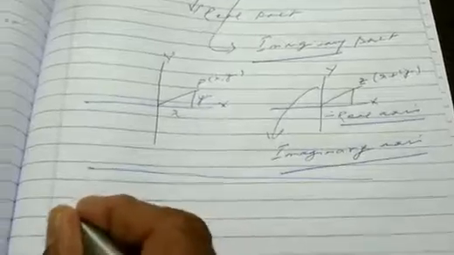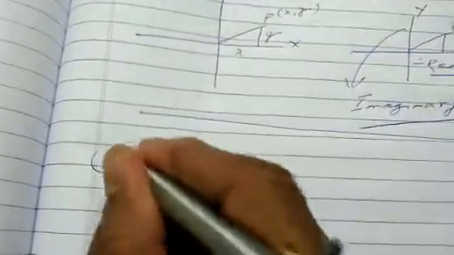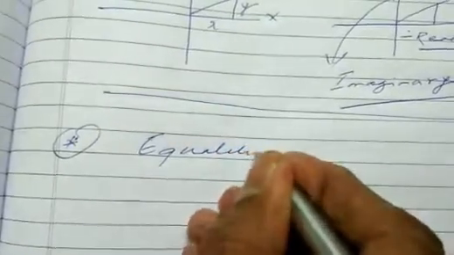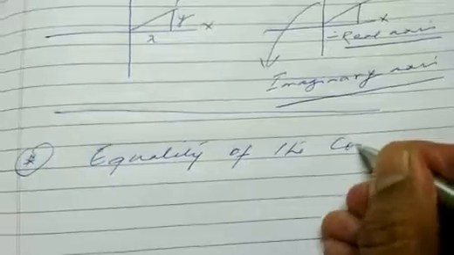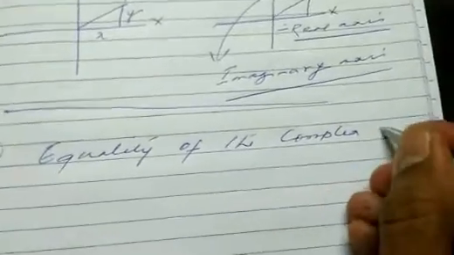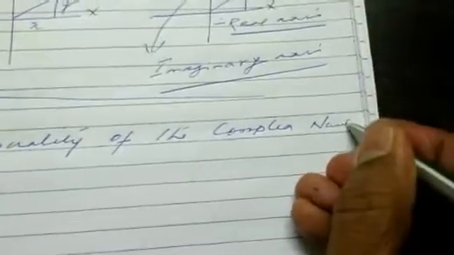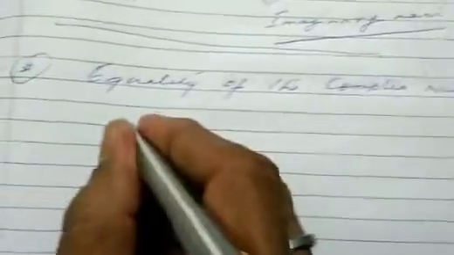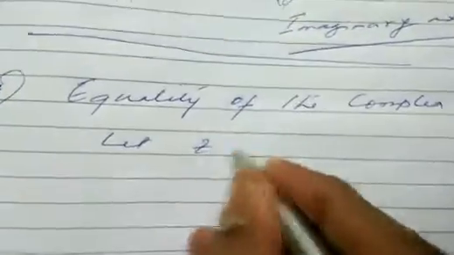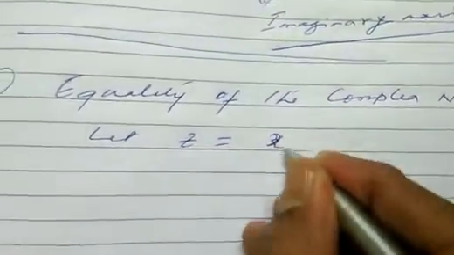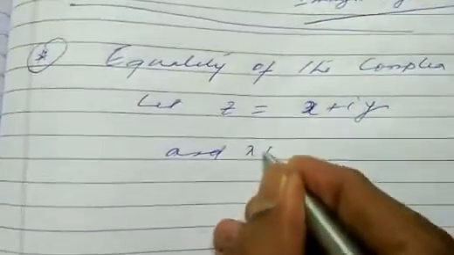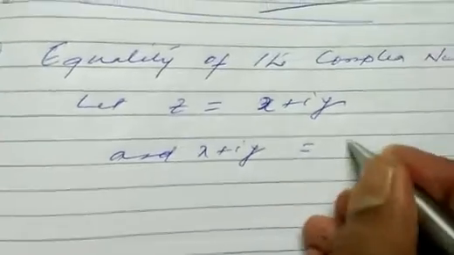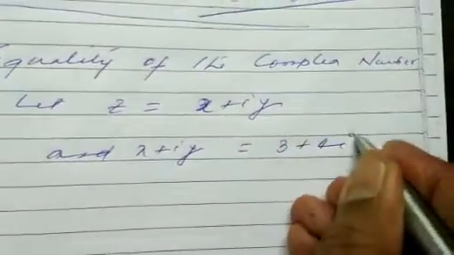Further, I am moving to another concept for today. This is the equality of complex numbers. Let z is equal to x plus iy, and x plus iy is equal to 3 plus 4 iota.